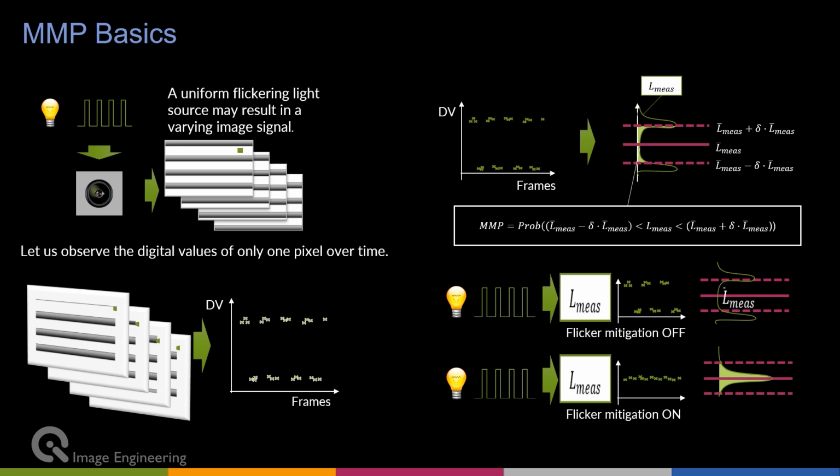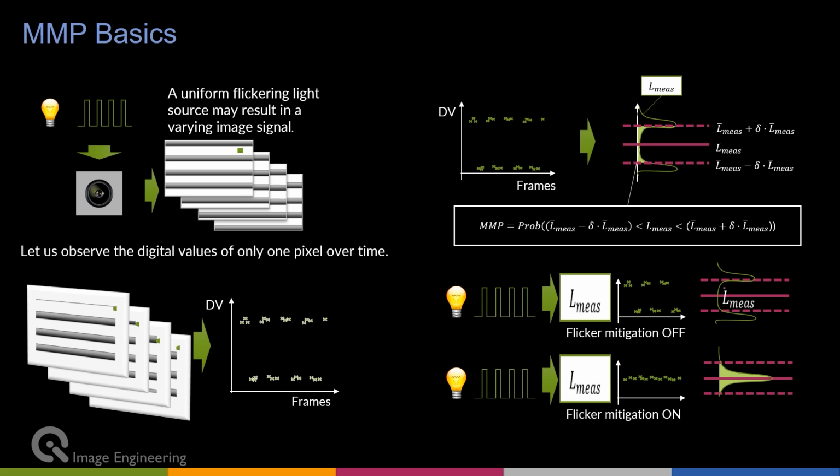MMP is based on the observation of a certain area in the image. So let's observe a single pixel over time. If you have some flicker in the image, it will change the intensity to a high and to a low value.